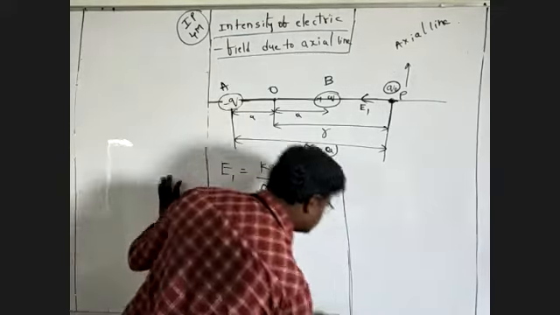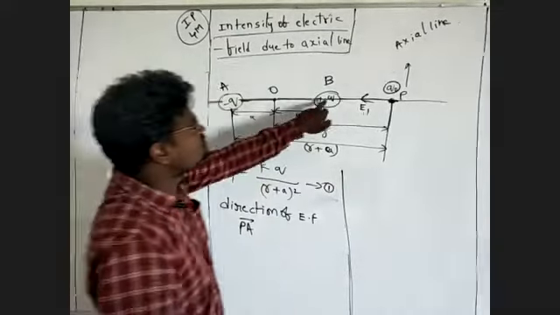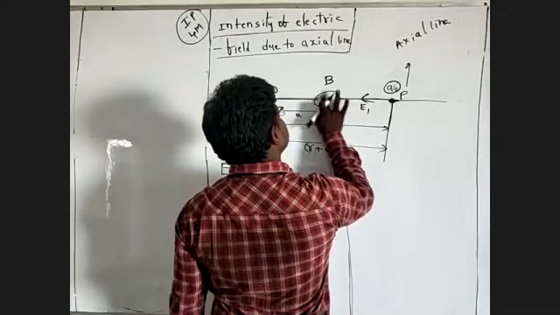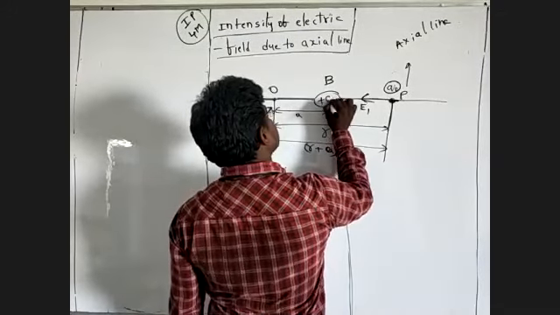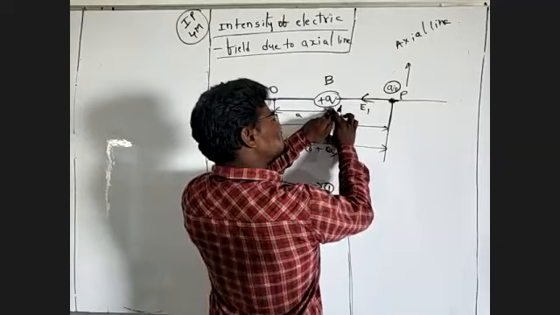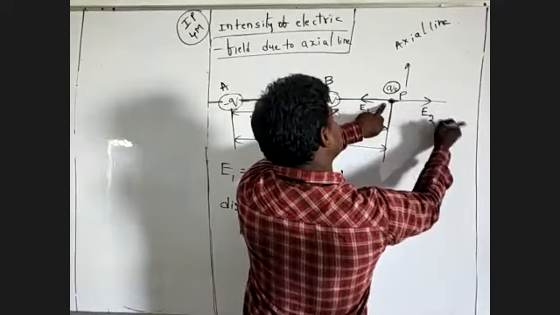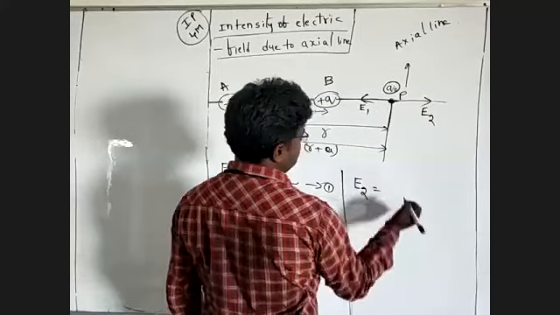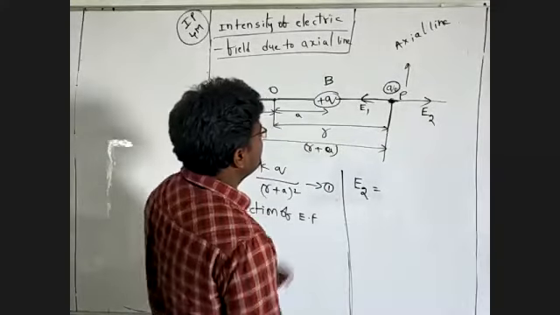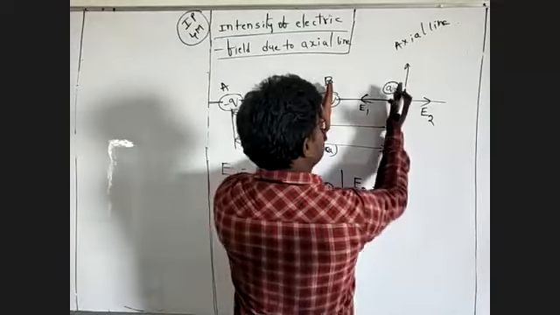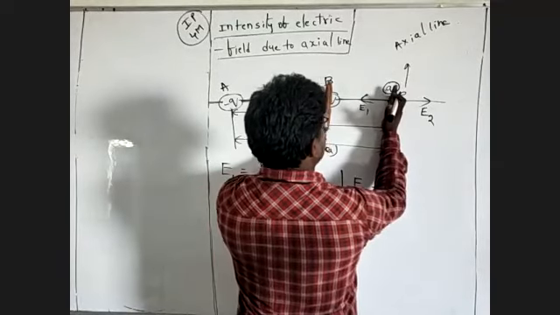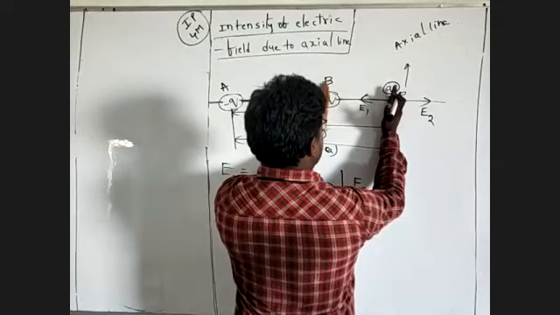This is E1. Next, this is a positive charge. This positive charge will repel the test charge in this direction. I'm taking this as E2. E2 is equal to, now the charges are here, and I want this distance between the two charges.